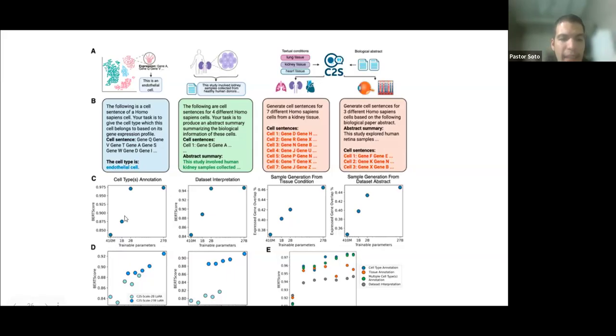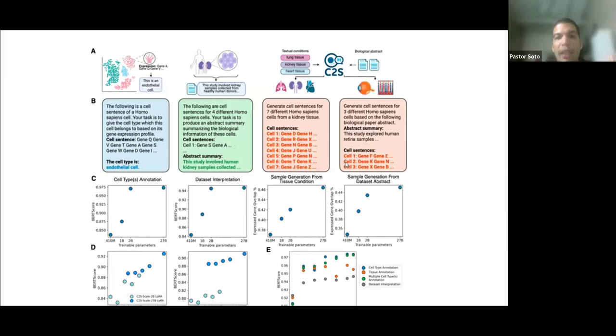And you can see the BERT score across different trainable parameters. This is dataset interpretation, for instance: the following are cell sentences for different Homo sapiens cells, your task is to produce an abstract summary of the biological information of these cells. They provide the cell sentences and get an abstract summary, which is what they call cell interpretation.